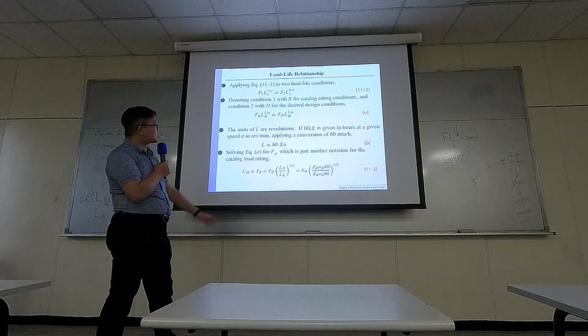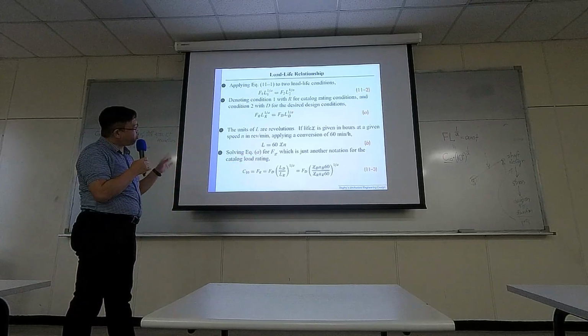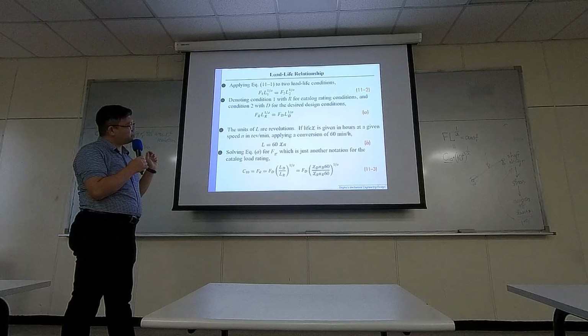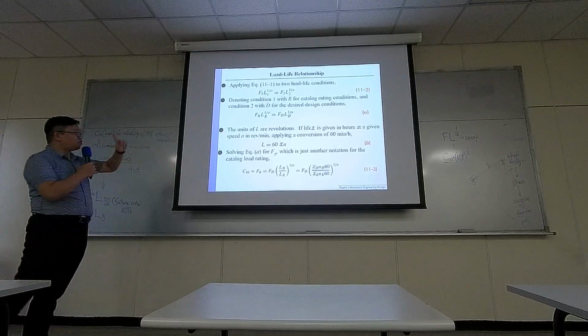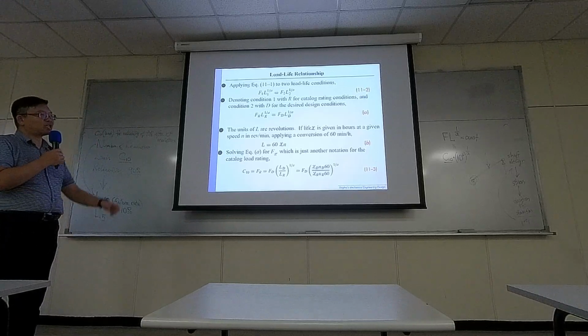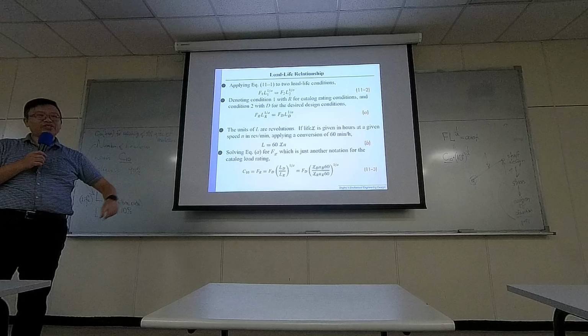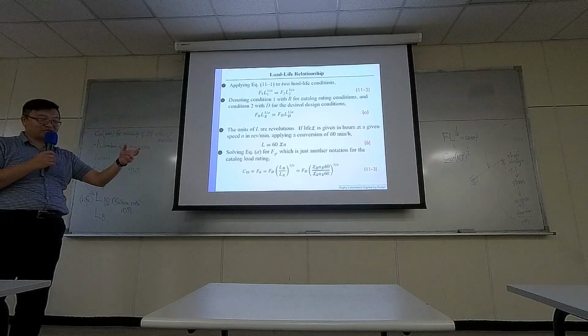But what's going on with this? For many situations, you count the revolutions in the unit of RPM. So it's like every minute, how many rounds? Rounds per minute, right?